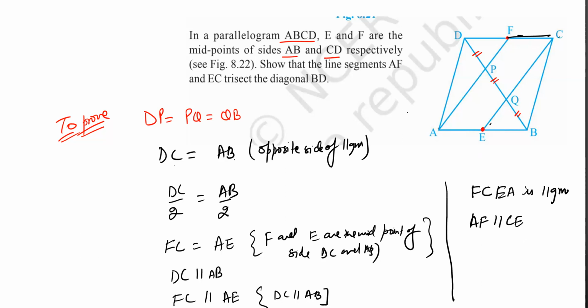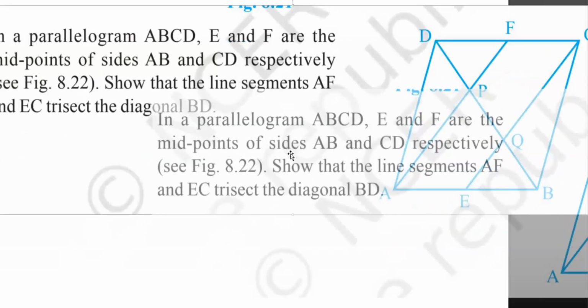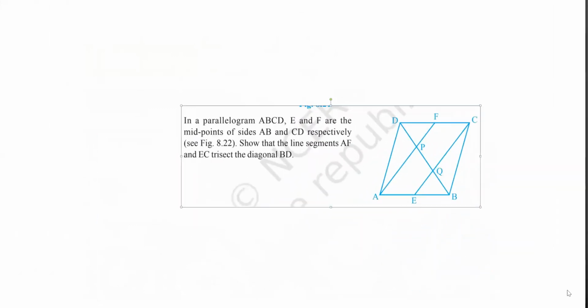And what we are doing now? We need to prove that it is trisecting. So now we will take this triangle. In triangle PAB, like this, PAB.